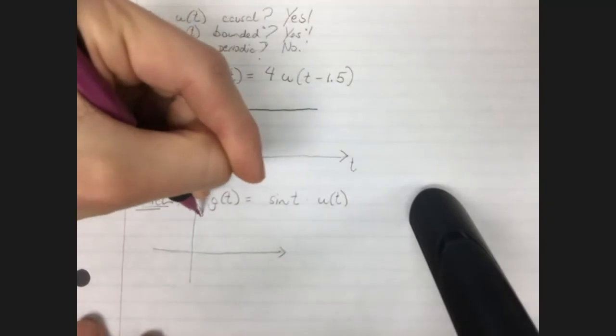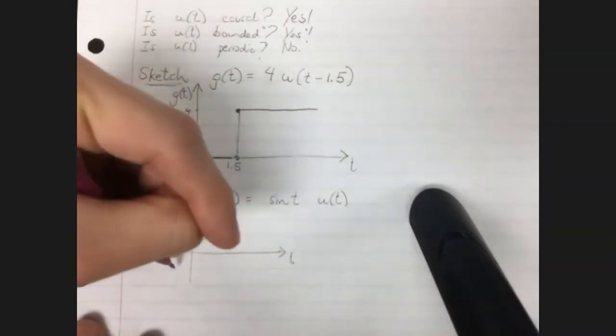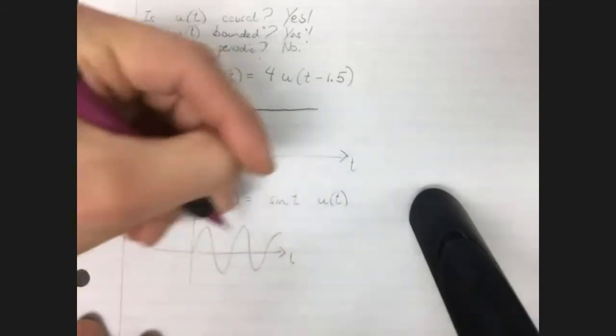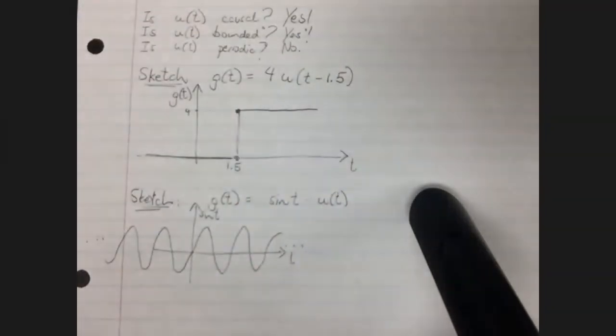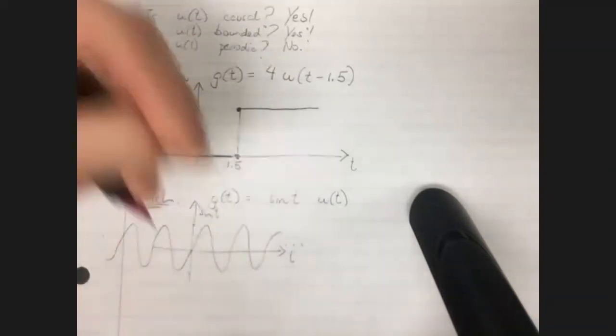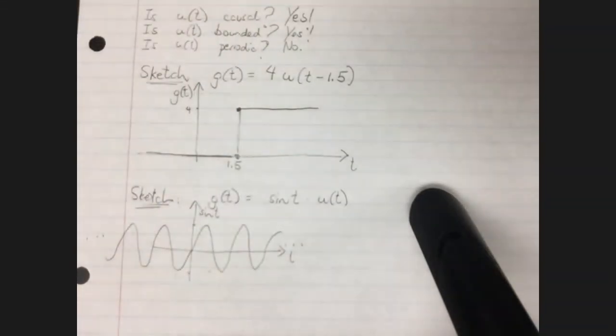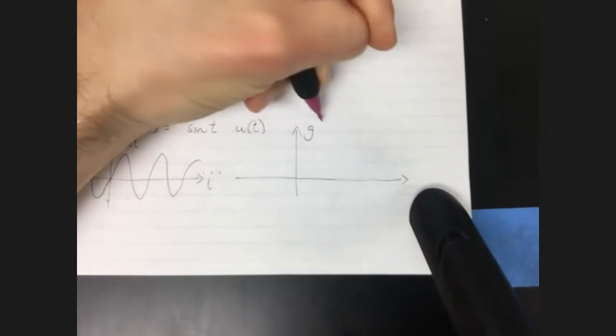So if I were to just plot sine of t versus t, it's good old sine wave, so it's going to be doing something like this. Okay, so if I know sine of t looks like this, I'll plot g of t versus t on the right.